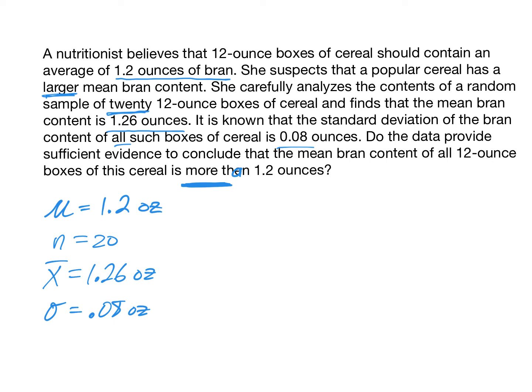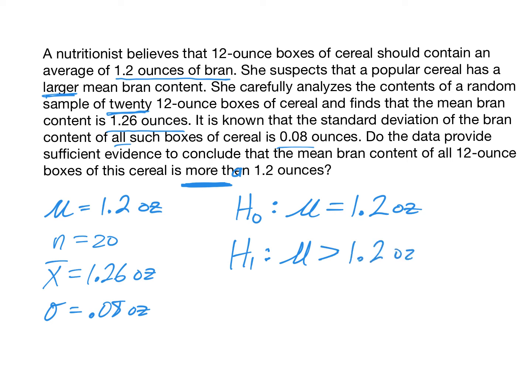So we have to set up our null hypothesis, H naught. It's claiming that mu is going to equal 1.2 ounces. That's what it claims. Our alternate hypothesis, mu is greater than 1.2 ounces. All right? Because remember, x bar was 1.26, which is a little bit larger.